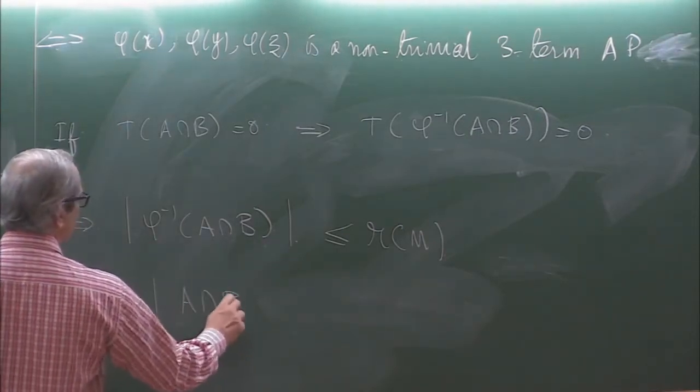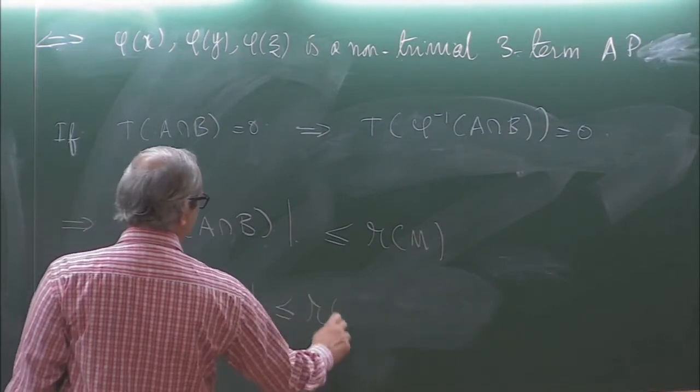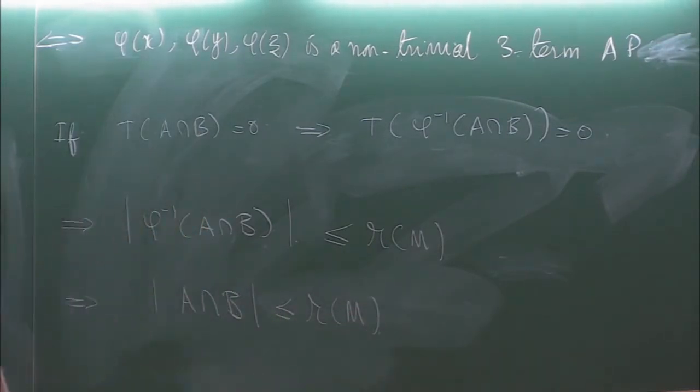So that means that the cardinality of A intersection B is less than Rm. Therefore, if you assume that the cardinality of A intersection B is greater than Rm, then this condition must be false, from which our remark follows.